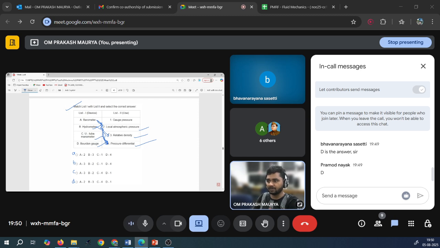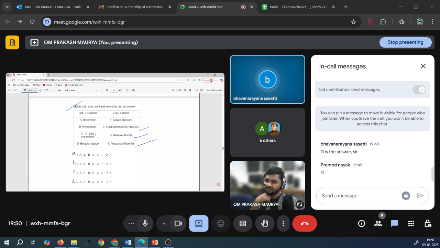And the U-tube manometer is for gauge pressure, so I am very sure about C. So C is with 1. The U-tube manometer is used for the gauge pressure, not gauge pressure. Oh, I am doing something wrong. The gauge is used for pressure difference, I think.